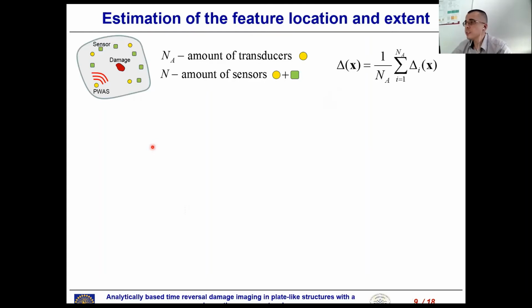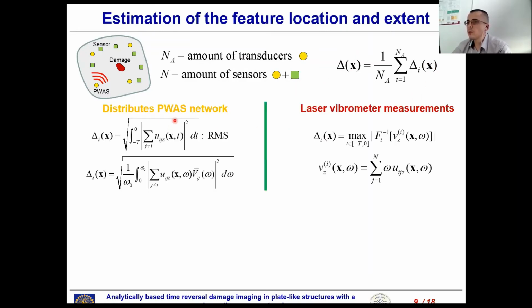The next step is to estimate the feature location, where by feature we mean damage. So we assume that we have a certain number of transducers marked with yellow and a certain number of sensors marked with green. And with this respect, we have some test function. Further on, we have two cases.